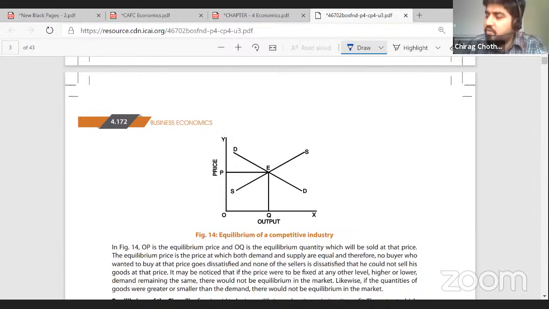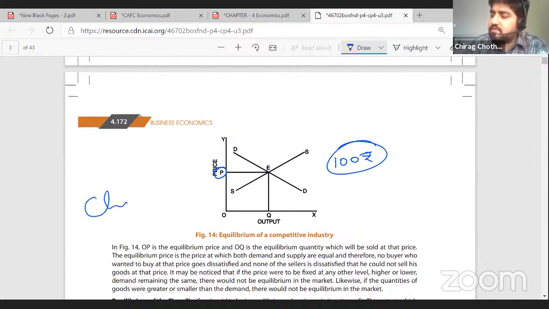If a firm is trying to enter, the firm has to go for the same price which prevails in the market. Suppose there are a large number of buyers and sellers buying and selling onions in the market, and all of them are selling at 100 rupees. I am the new entrant in this market and want to sell onions.